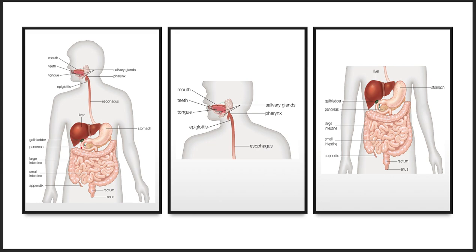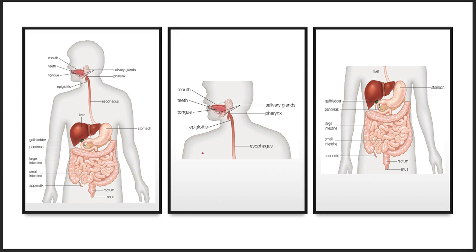Then this curve and the smaller coiled structures, this whole thing is called the small intestine. And this other thing surrounding the small intestine is called the large intestine. And this is the rectum, and this is the anus.